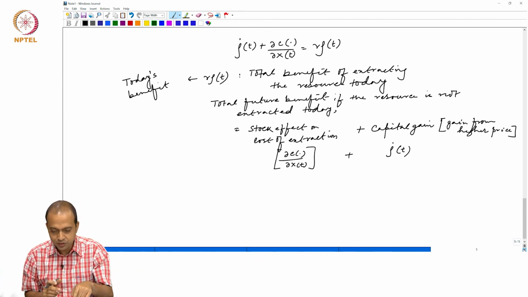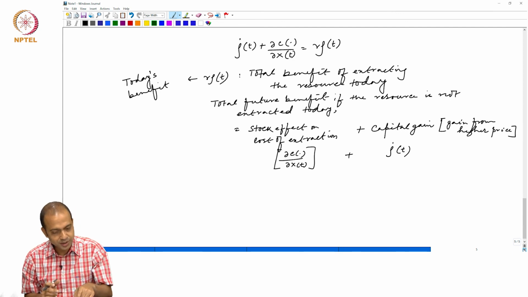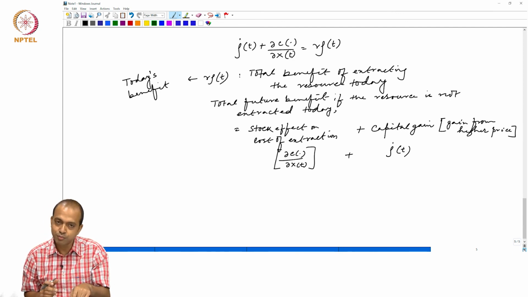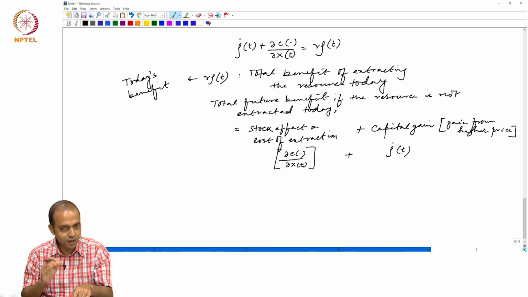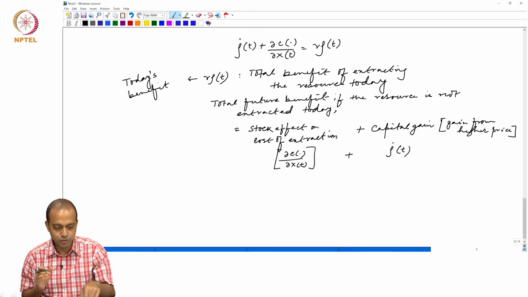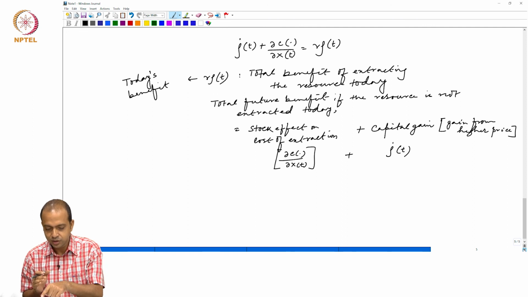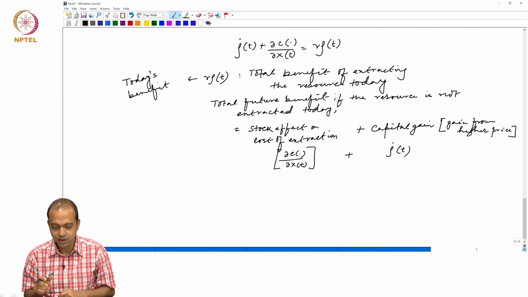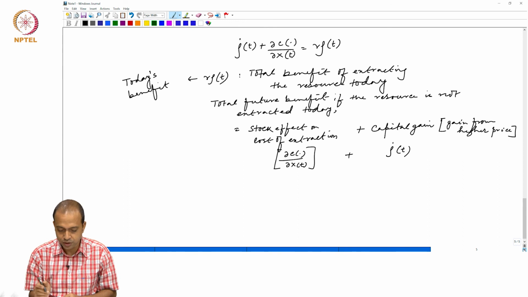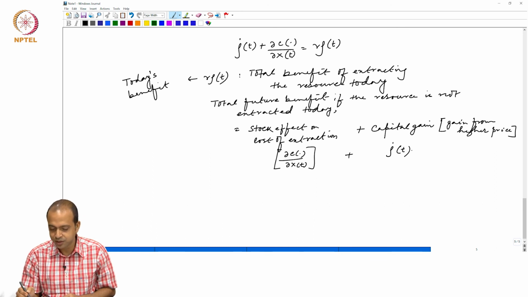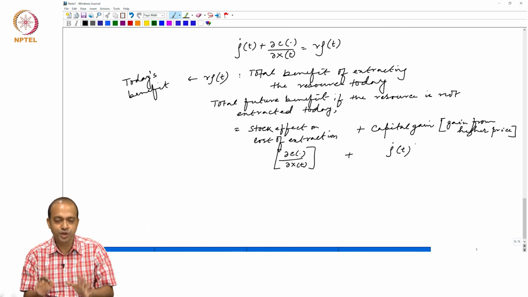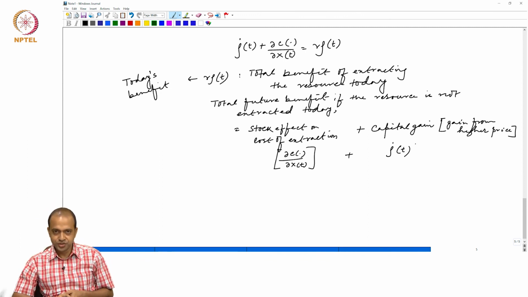Today's benefit is r into rho t, because I will extract the resource, get rho t amount of money, keep it in the bank, and the bank will give me interest at r. And the total future benefit if I do not extract the resource today has two components. Firstly, I will have some stock effect, given by del c by del x t, and I will have some capital gain. So, that is what we learned from today's discussion.